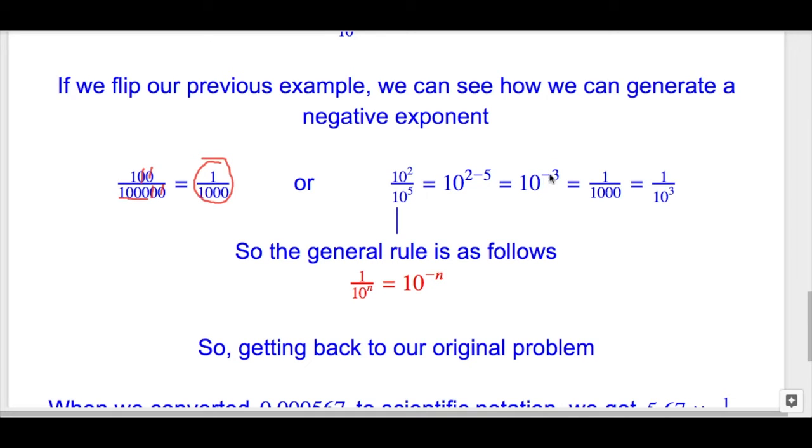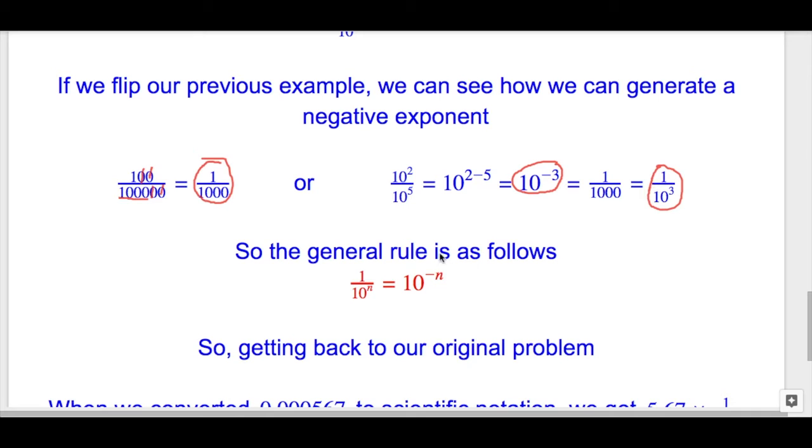Now, 10 to the negative 3 is the same as 1 over 1,000. But 1 over 1,000 is equal to 1 over 10 to the 3. So what this means is that 10 to the negative 3 is the same as 1 over 10 to the 3.